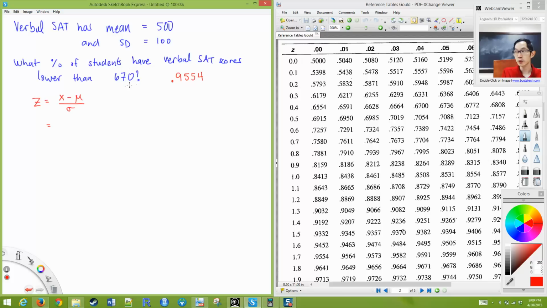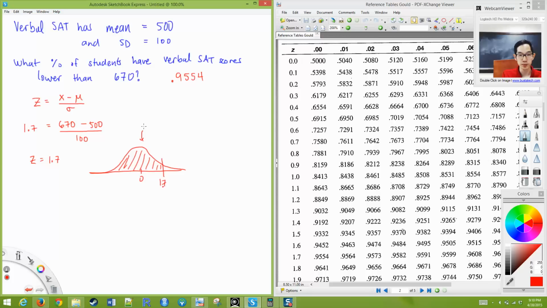On the other hand, let me change this question slightly. What percent of students have verbal scores higher than 670? What is your answer there?